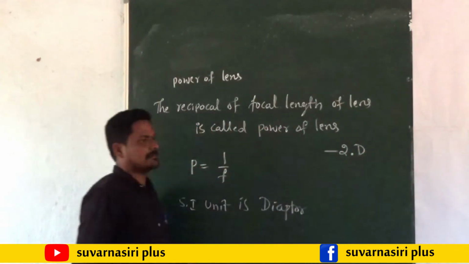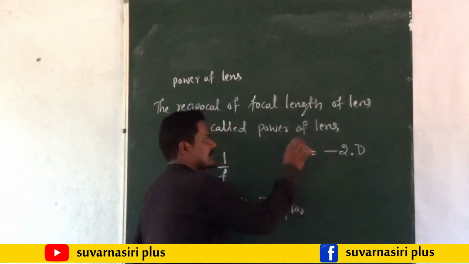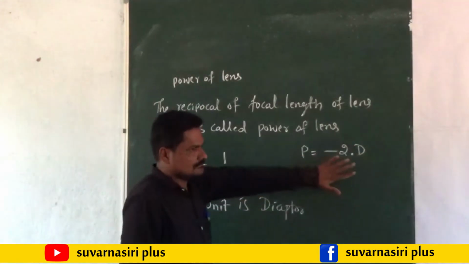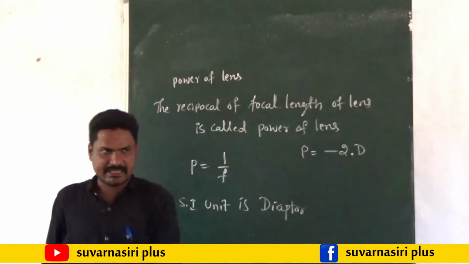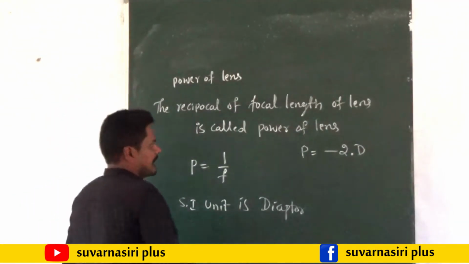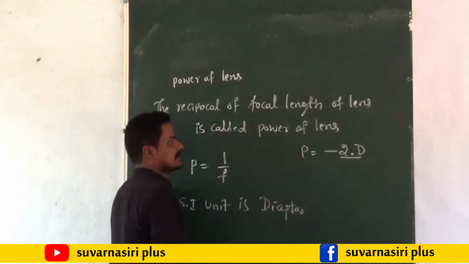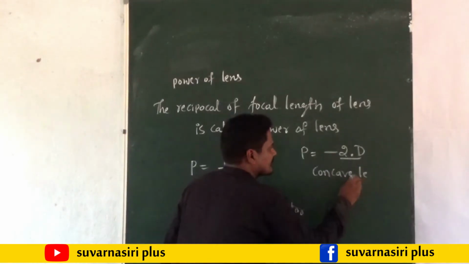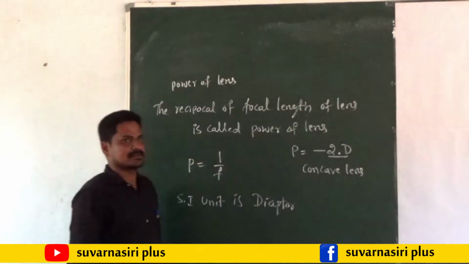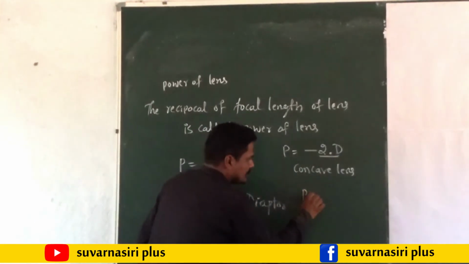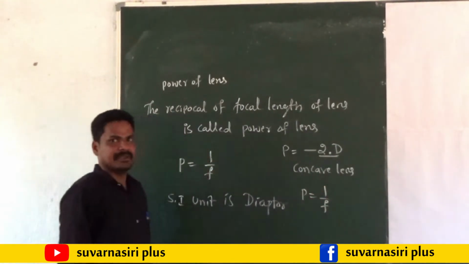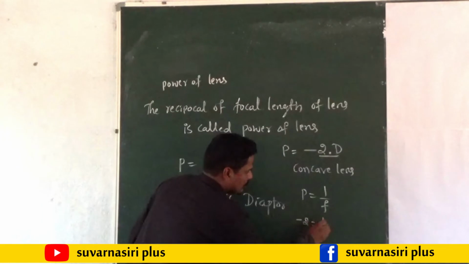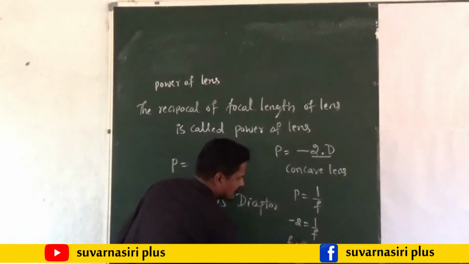Okay, so if the power of lens is minus 2D, then what type of lens is this one? Is it concave or convex? If minus 2D is the power of lens, this lens is a concave lens, because P is equal to 1 by F. So here minus 2 is equal to 1 by F, F is equal to minus 1 by 2.